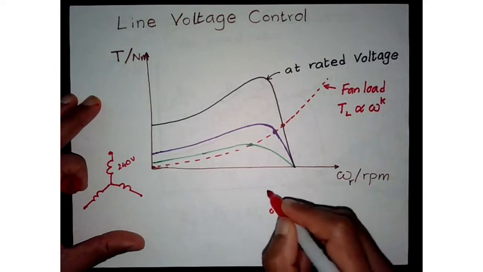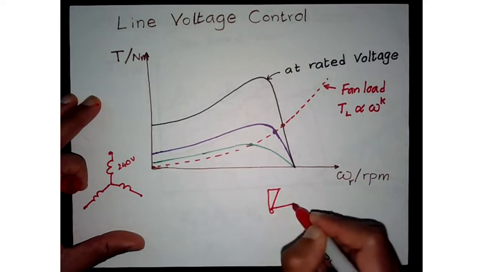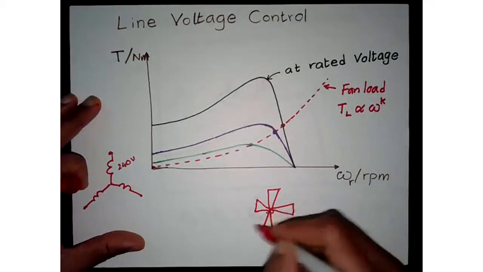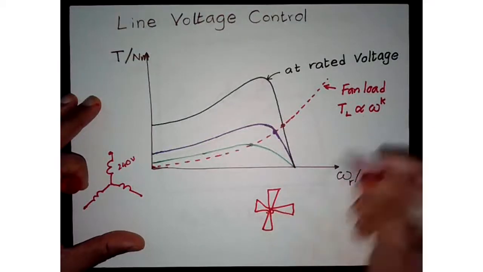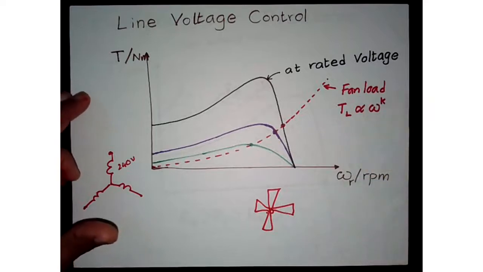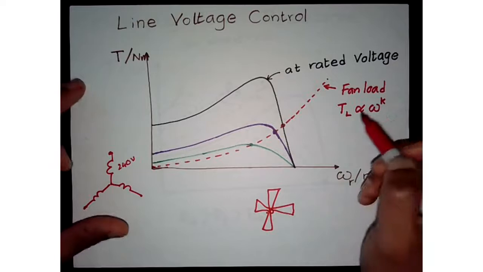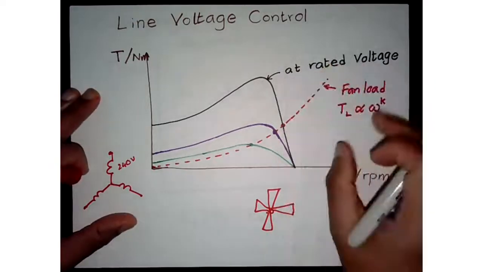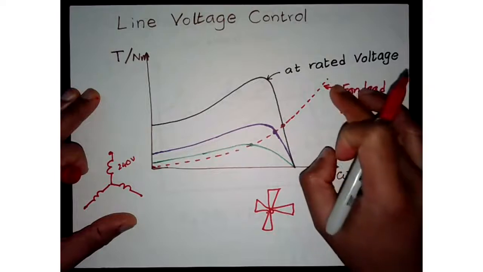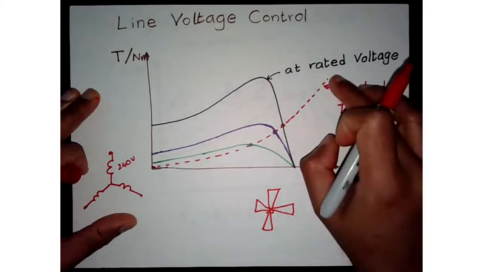You have a motor with a fan coupled, and if the fan rotates very fast, the load torque will increase and the induction motor will have to follow. That's the idea behind this curve. As speed changes, the load curve will change.